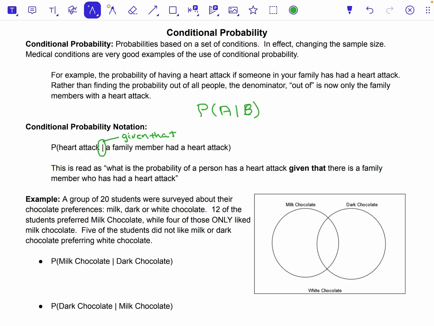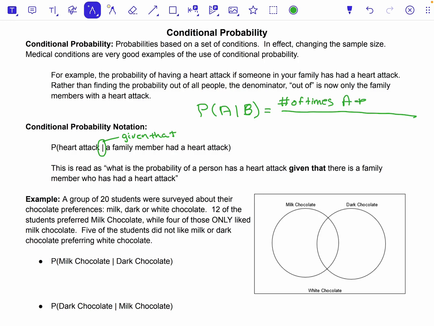Now, describing what's going on in this situation, in the top of my probability fraction we see the number of times that you have the overlap, that both event A and B happened.